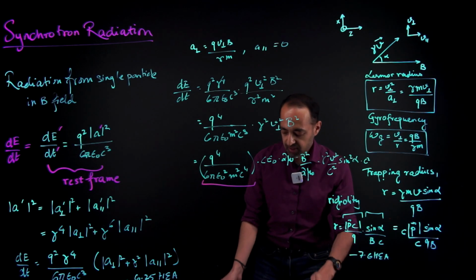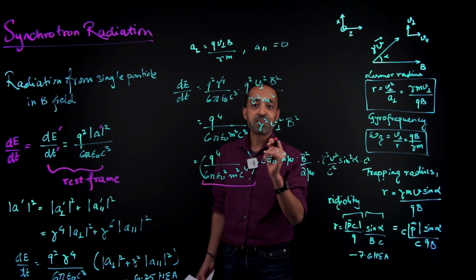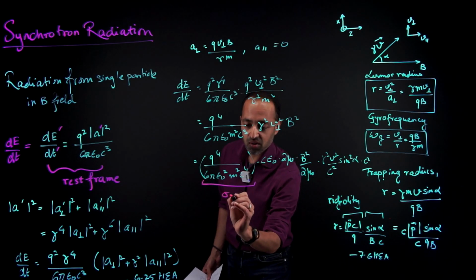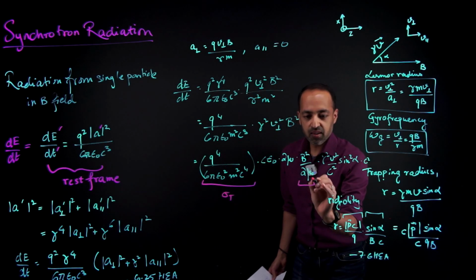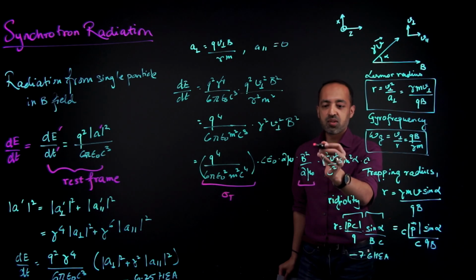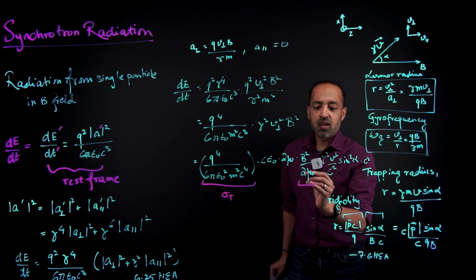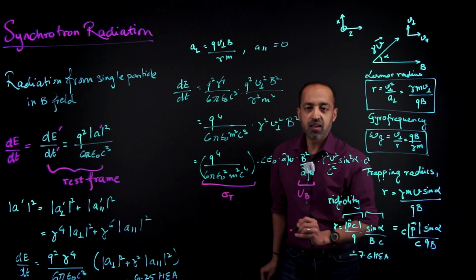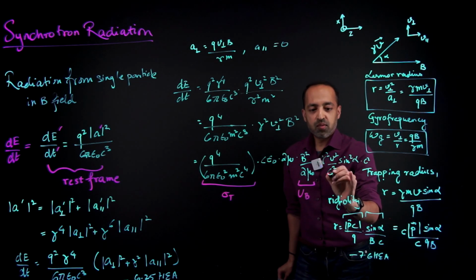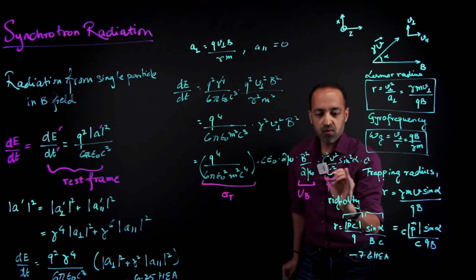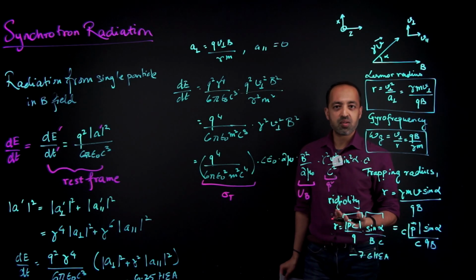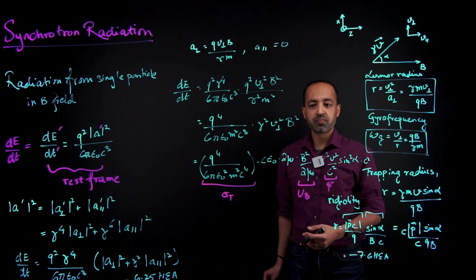This is the Thomson cross-section for the electron. You may also be familiar with this term, B squared over 2 mu naught, which is the energy density of the magnetic field. This term v squared over c squared, we're going to write as beta squared, where beta is v over c, the speed of the particle in units of the speed of light.